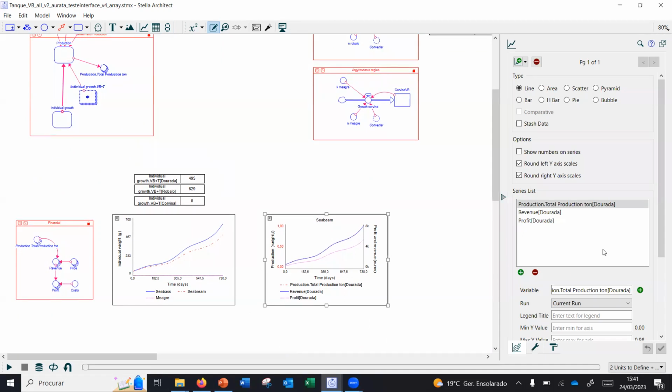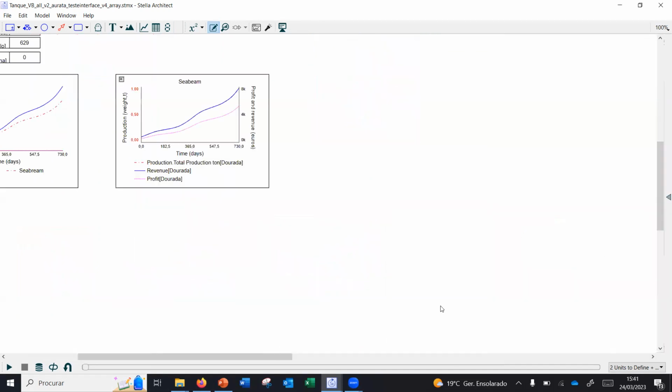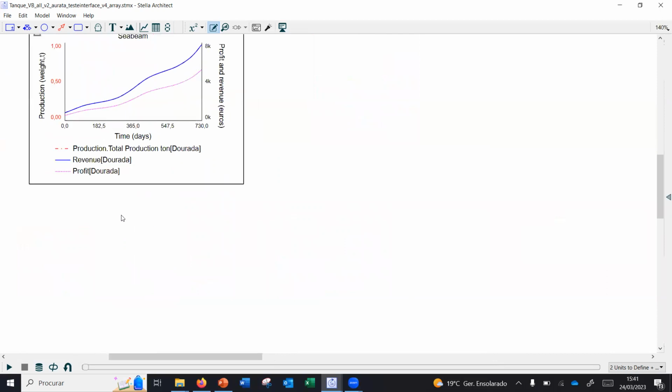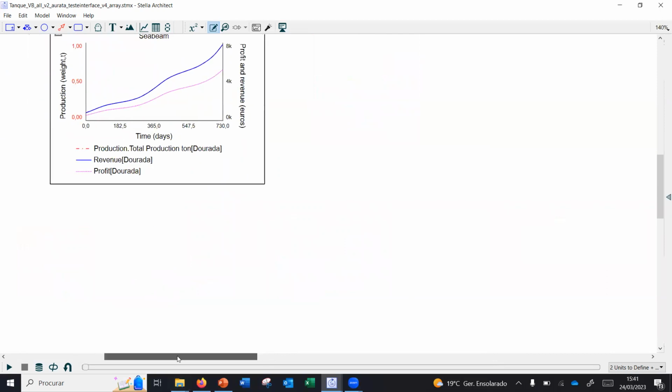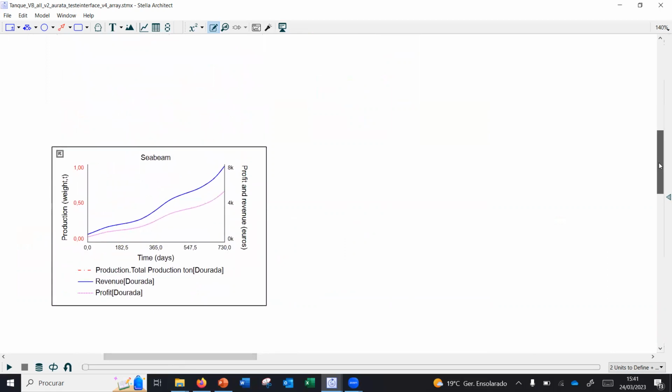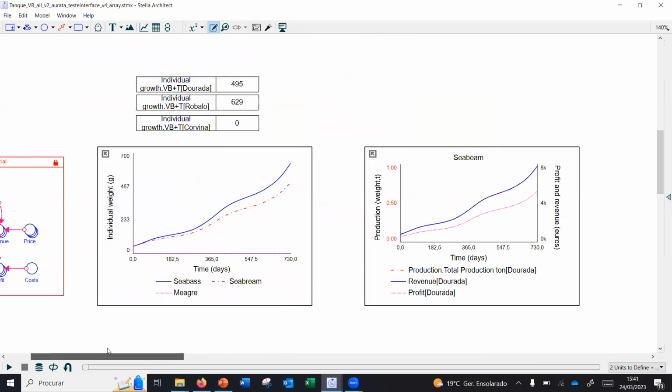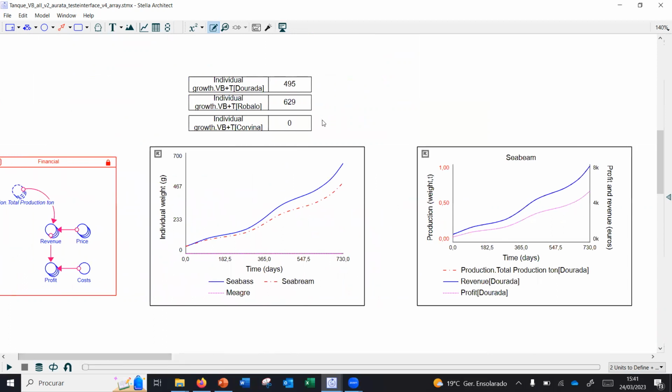It's not in the user interface, but you can see that we can estimate the revenue by selling the fish that are being produced, what is expected to get. Of course, it's not included here the costs with all the pumps and the aeration systems and the feed and all the costs of that. It's not included in the model.